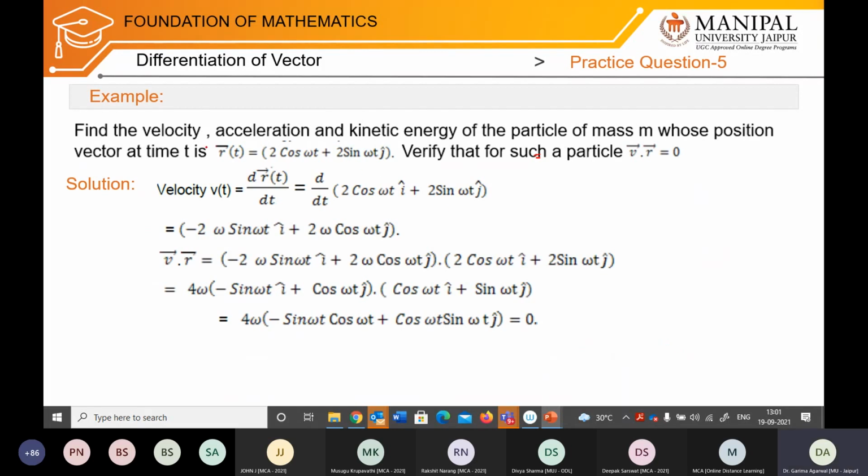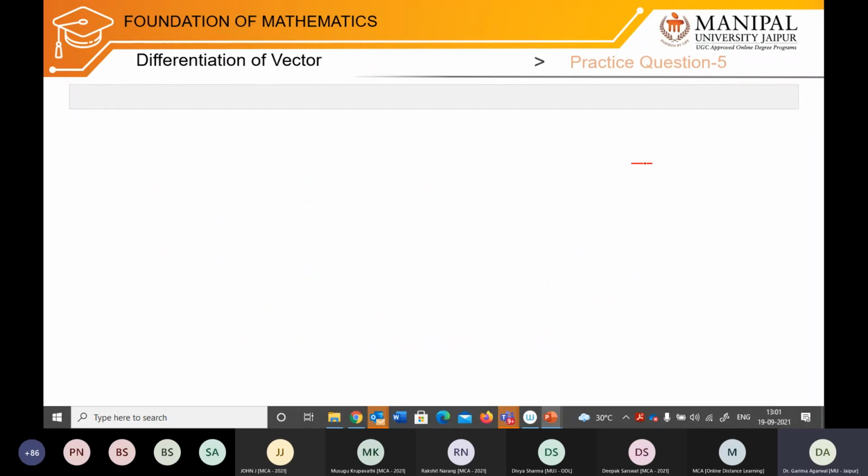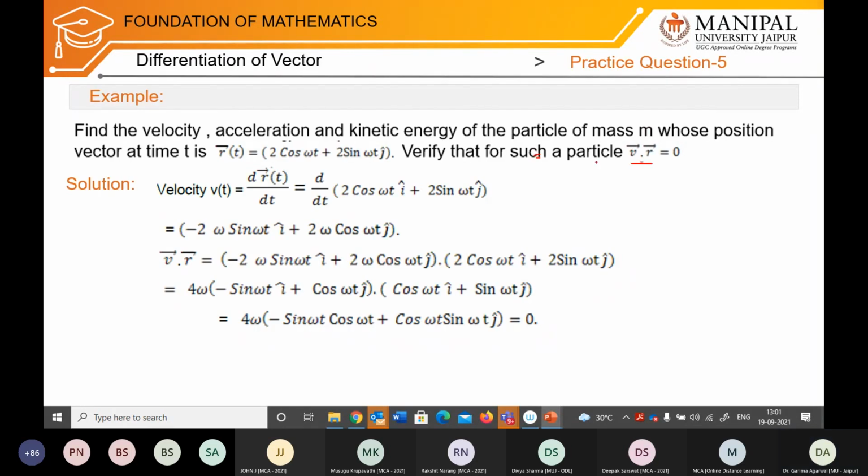Here also we need to find velocity, acceleration, and kinetic energy for the particle of mass m whose positional vector is this. Verify that for such a particle v dot r is 0. So first of all we need to find the velocity. This is the first order derivative. Then v dot r, where v is the velocity and vector r is given in the question.